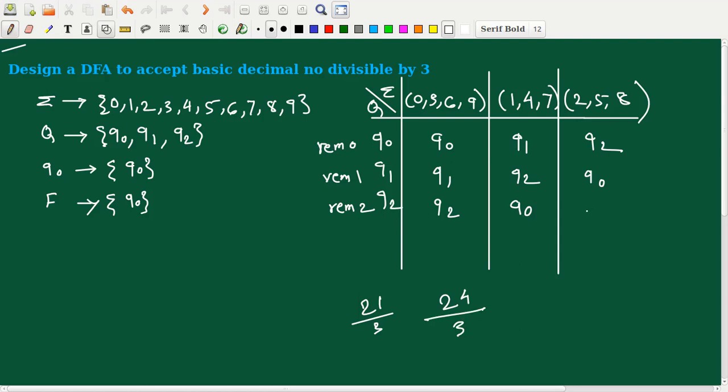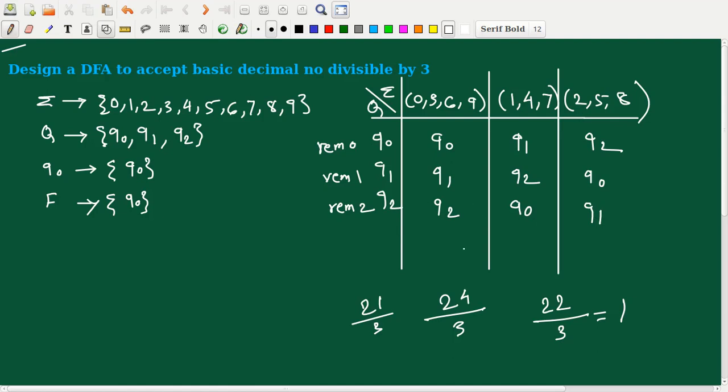Now I'll provide any one value from the third set, that is 2, 5, 8. Suppose I provide the value 2, q2 is already 2, and with input 2 it becomes 22 divided by 3, which gives me a remainder 1. So the state for remainder 1 is nothing but q1. This satisfies the total set.